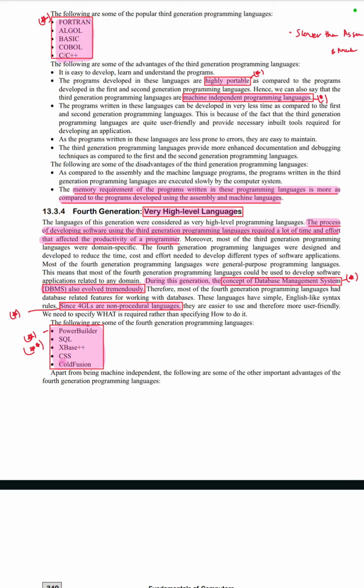Fourth generation languages are non-procedural languages, and they also use the concept of DBMS.